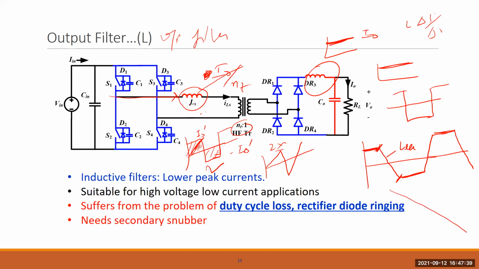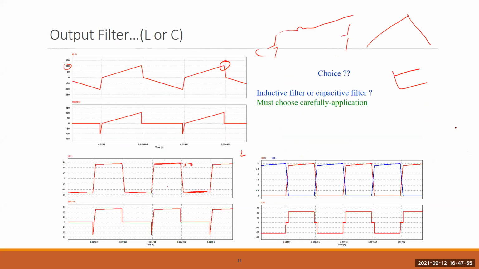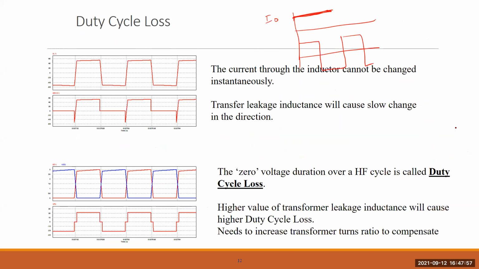If this leakage inductance is 0, then this is square. But 0 is not possible. And if it is lower, then it will be faster, like this. So what happens is that it takes time. That's what is happening. It is taking time to change.